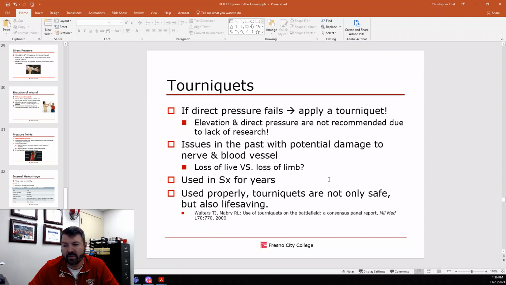And with all surgeries, they use tourniquets all the time. If you ever had ACL surgery or whatever surgery to your arm or leg, they usually put a tourniquet on. Used properly, it can really save your life and limb.